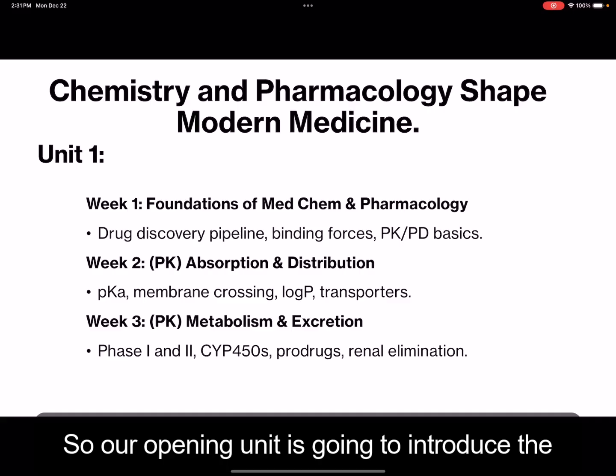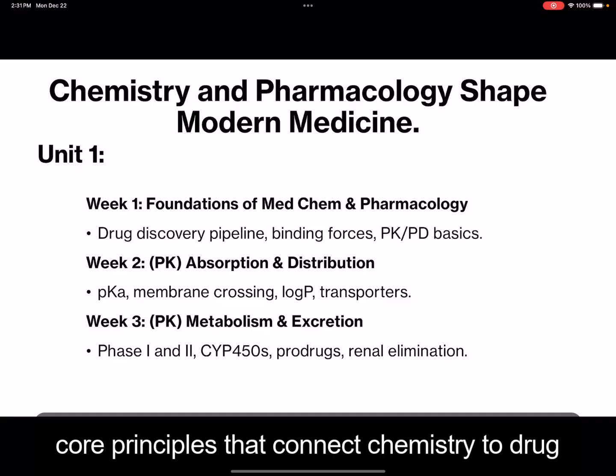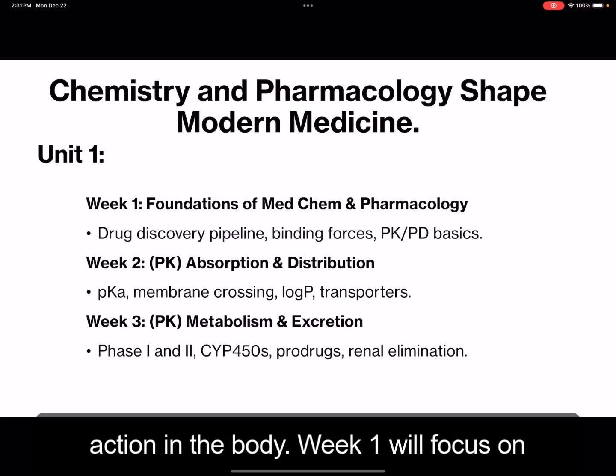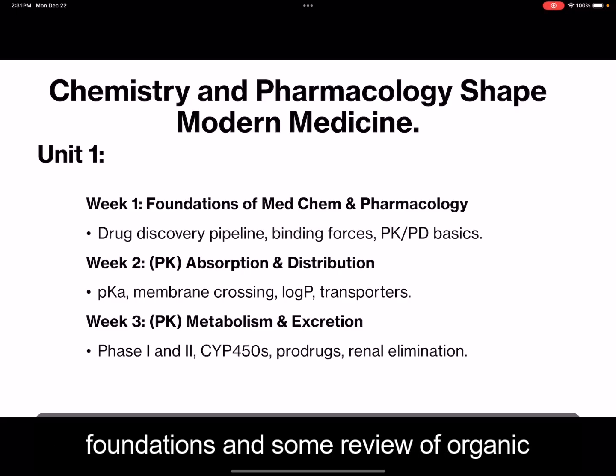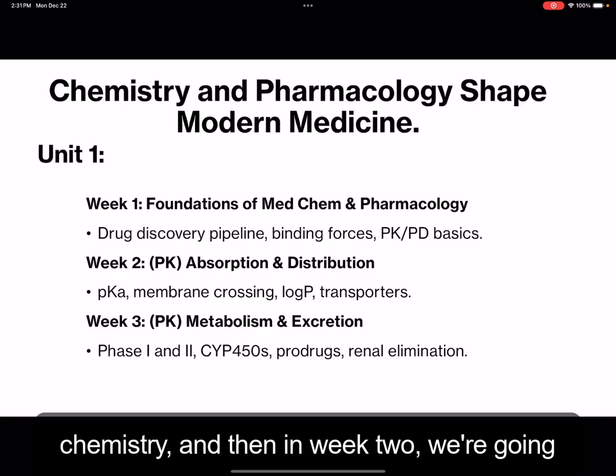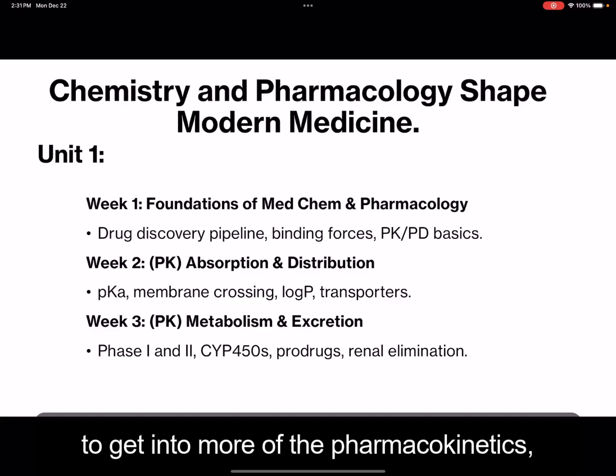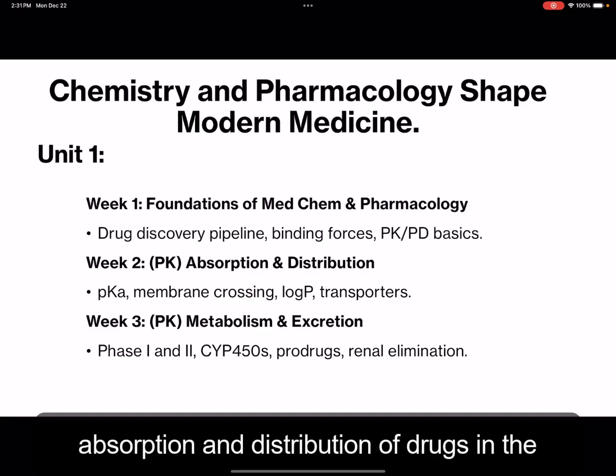So our opening unit is going to introduce the core principles that connect chemistry to drug action in the body. Week 1 will focus on foundations and some review of organic chemistry. And then in week 2, we're going to get into more of the pharmacokinetics, absorption and distribution of drugs in the body.